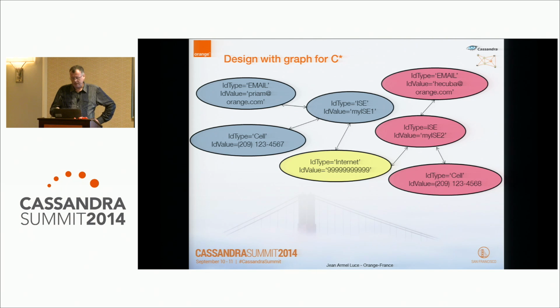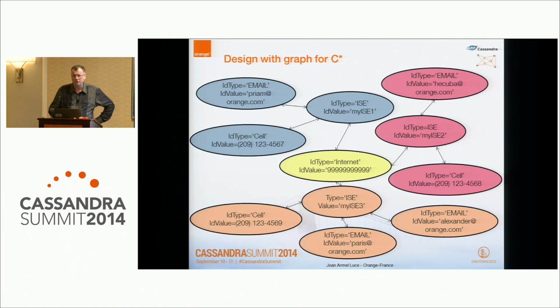So we can draw all these identifiers with a graph. Maybe they have a child or many children, and the child also has his own cell number, his own email address, or maybe many email addresses. He has his own IAC, and probably he uses the same internet account as his parents.